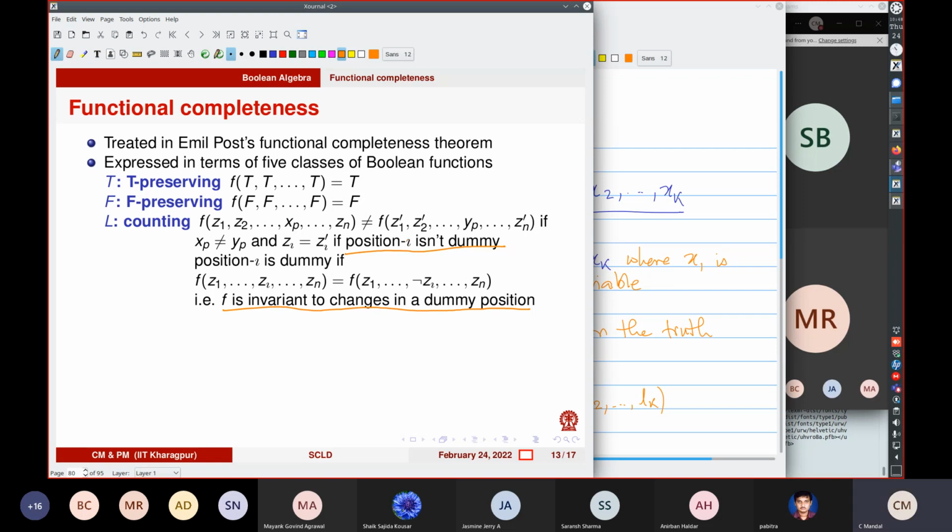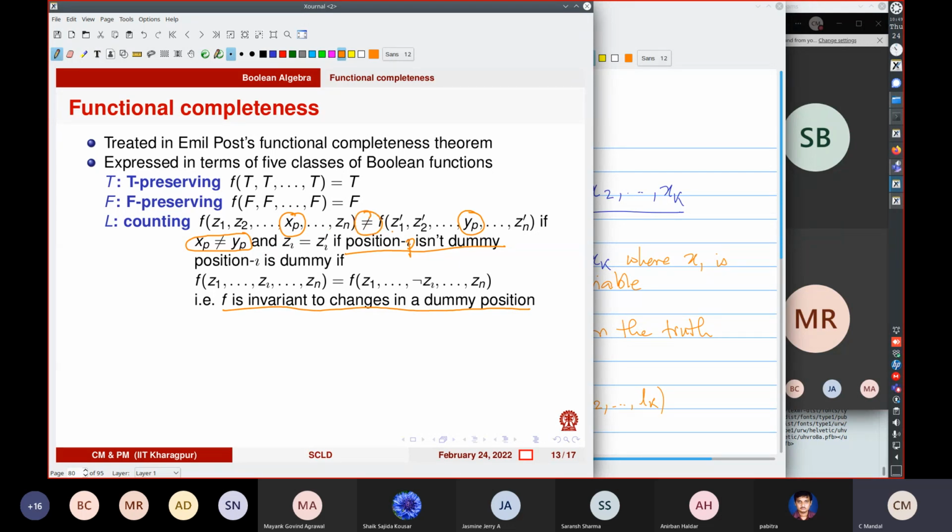Sorry, this one should be if position P isn't dummy. Position I, this is okay. The definition for position I is fine. Position P should not be a dummy variable. So if you make a change in the value of a non-dummy variable, then the value of the function will also change.